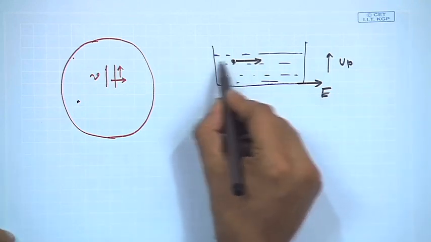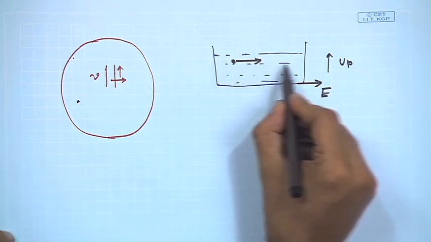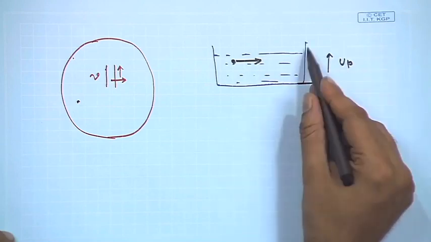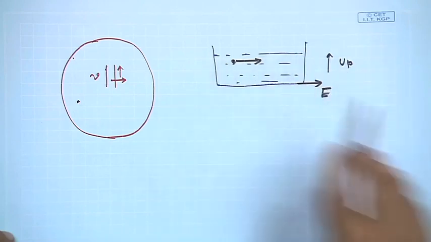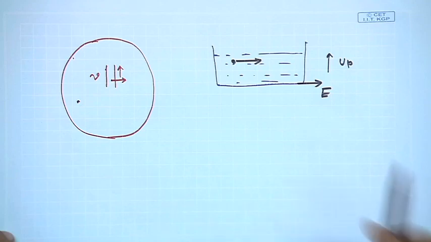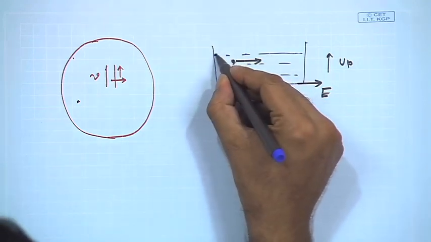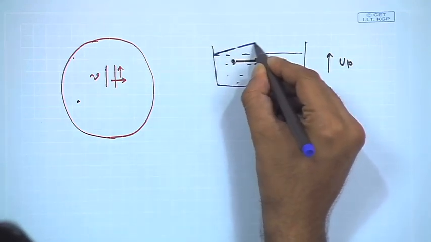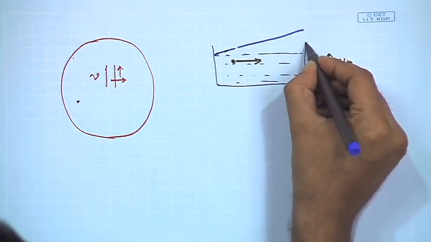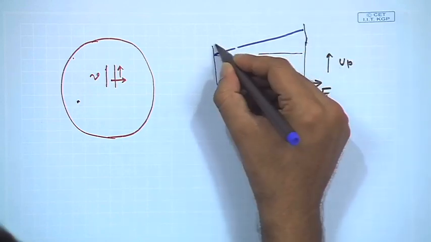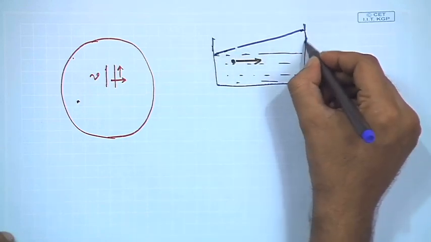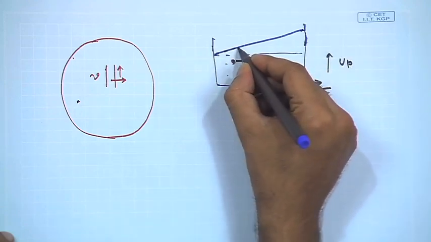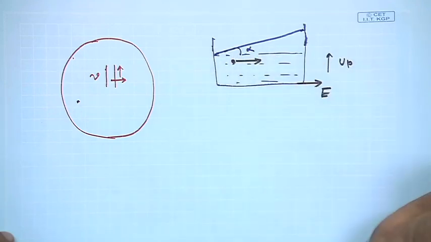Now, because of that, the water accumulation in the east bank of this river will be more compared to the west bank. If this happens, the river surface will have some finite tilt, although small. Let us call this angle alpha.